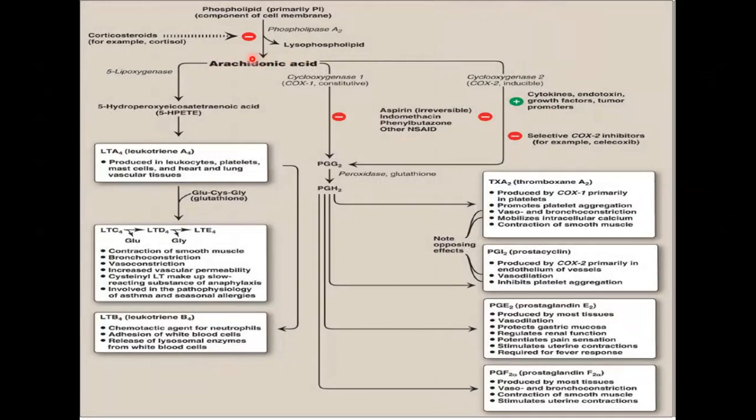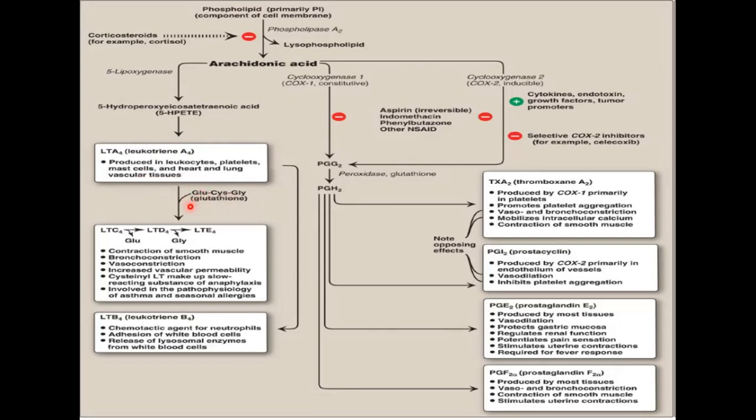So here you can see arachidonic acid. You can prevent both prostaglandin and leukotriene synthesis by use of steroid anti-inflammatory drugs. Then here you have arachidonic acid converted to 5-hydroxyperoxy-eicosatetraenoic acid by 5-lipoxygenase, which is then converted to leukotriene A4, in leukocytes, platelets, mast cells, heart, lung, and vascular tissues.